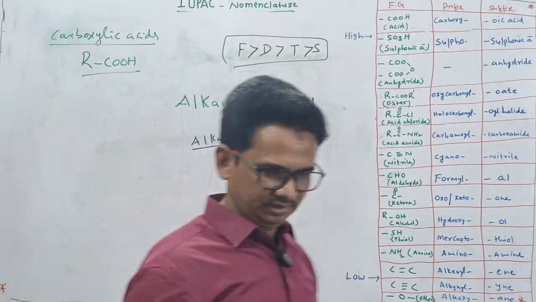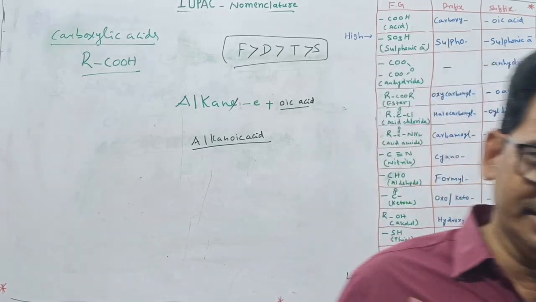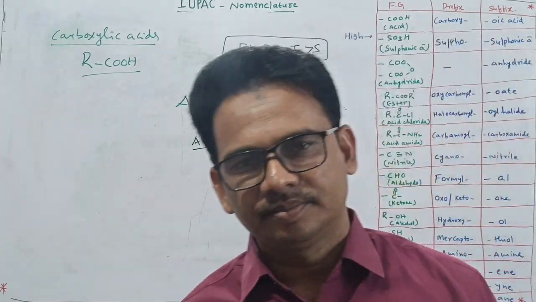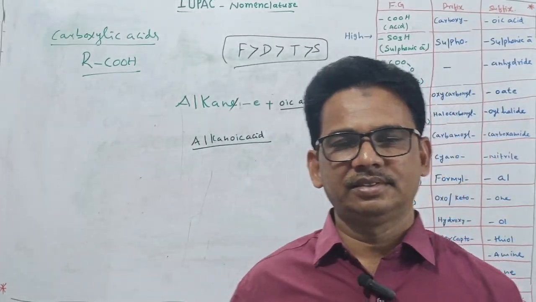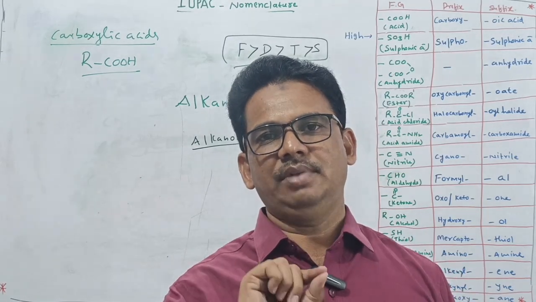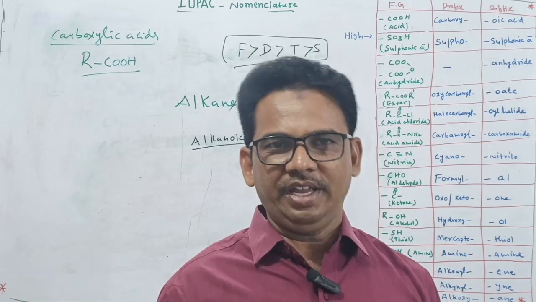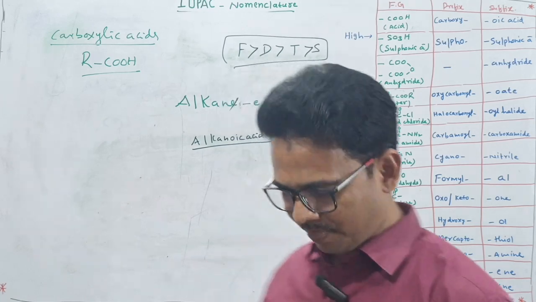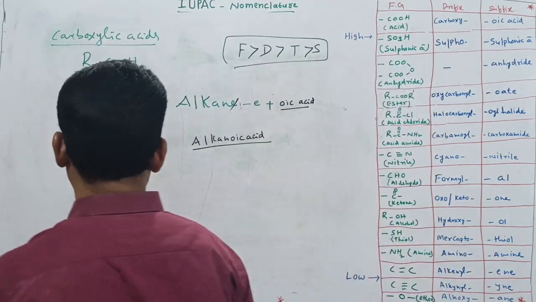Alkanoic acid, because all these are derived from alkanes. That's why alkane minus E plus oic acid. Then I will give an example.